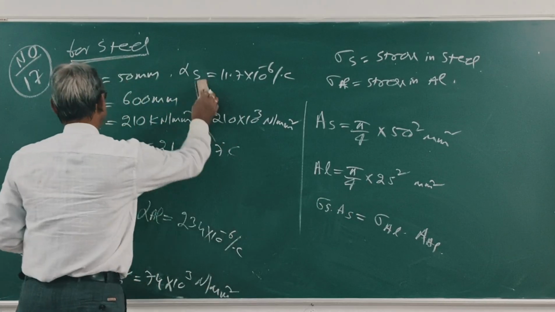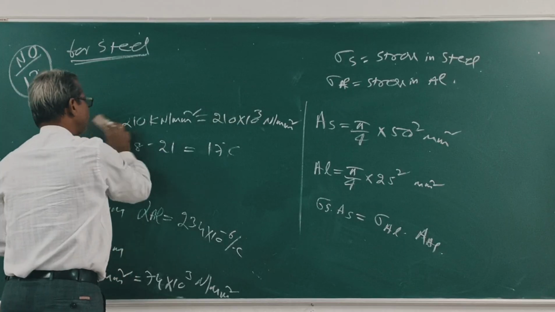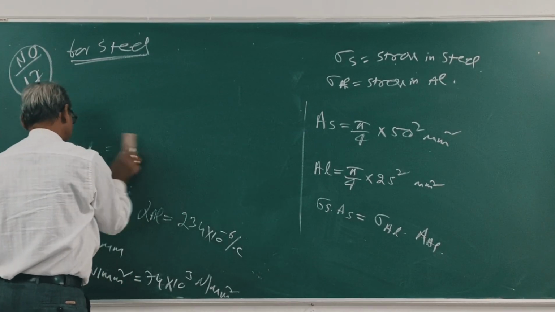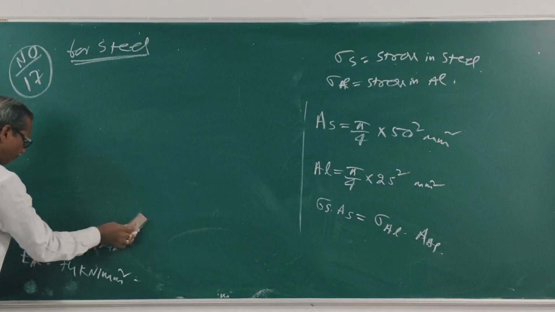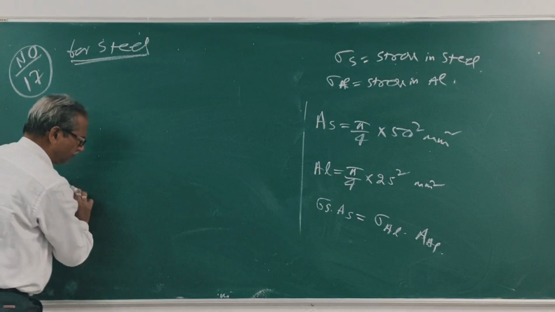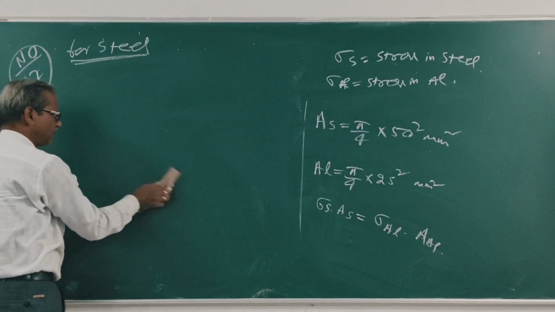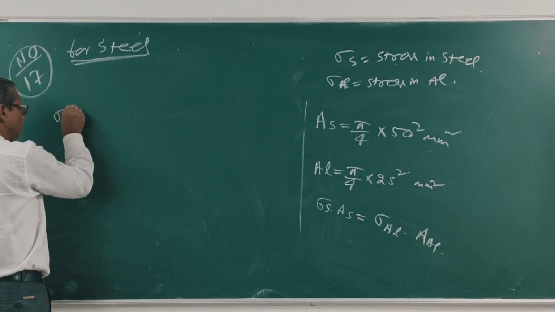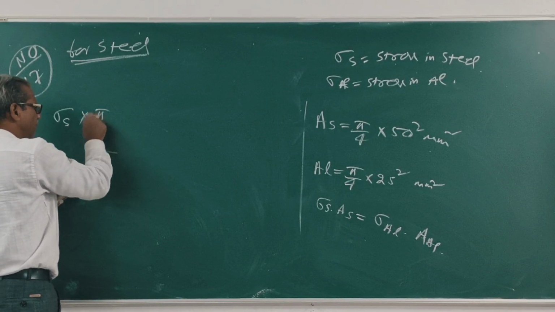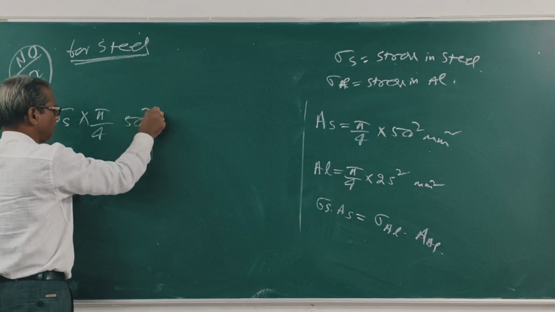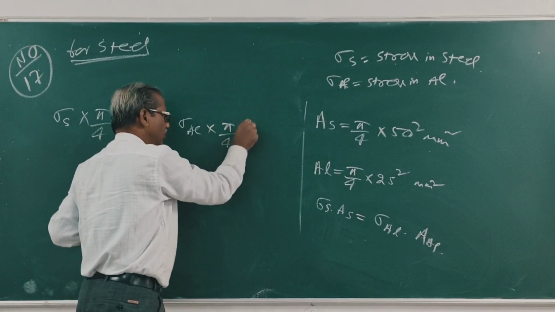This implies sigma S into pi by 4 into 50 squared is equal to sigma aluminum into pi by 4 into 25 squared.